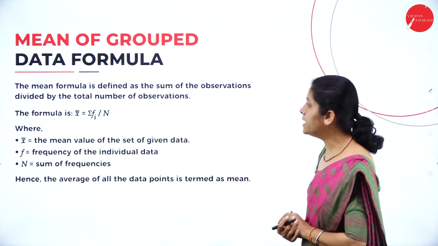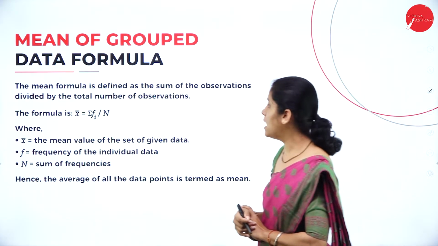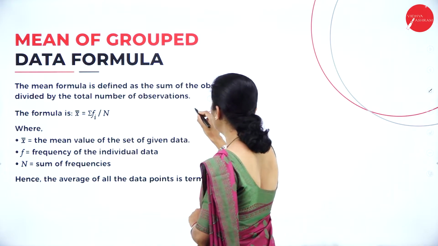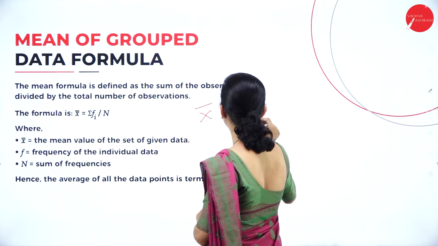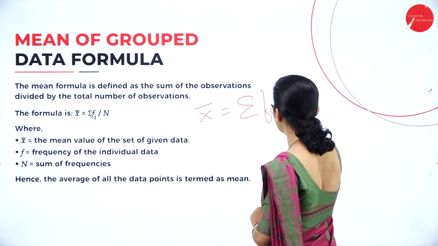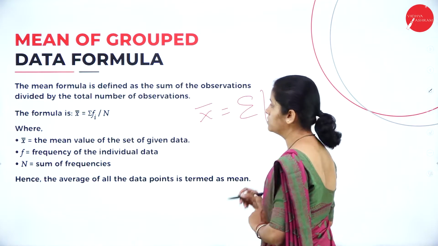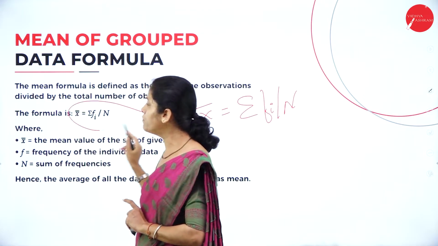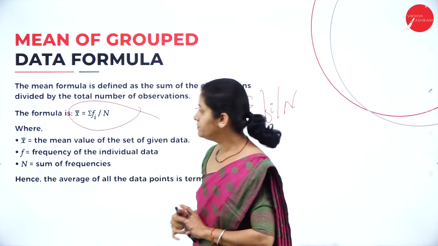Now, dear student, let me write the formula here. Arithmetic mean equals sigma, that is summation of fi xi divided by n. This is the formula used to find the mean.